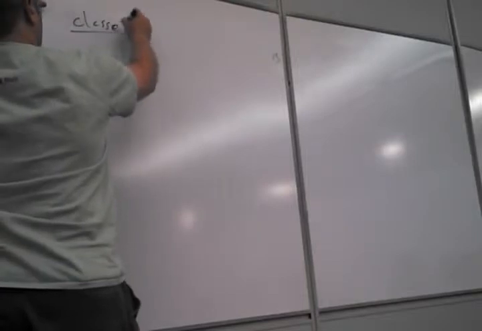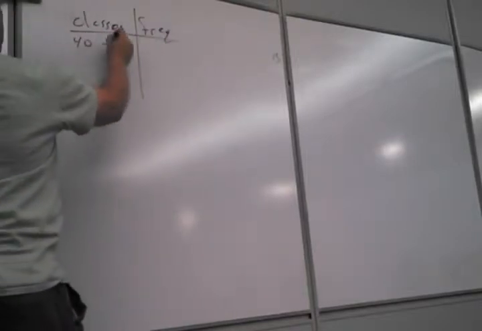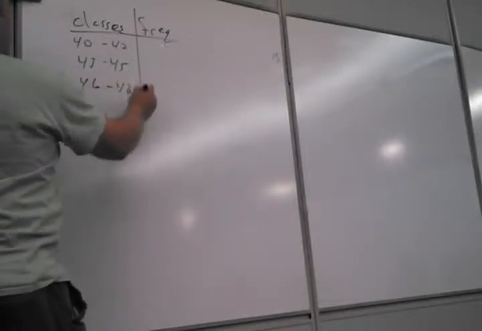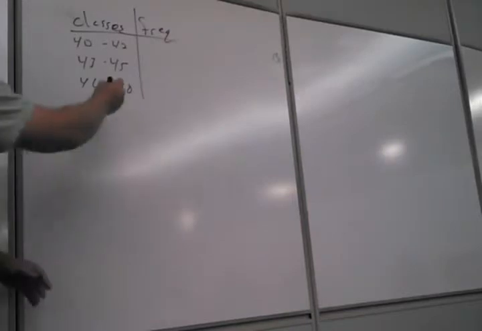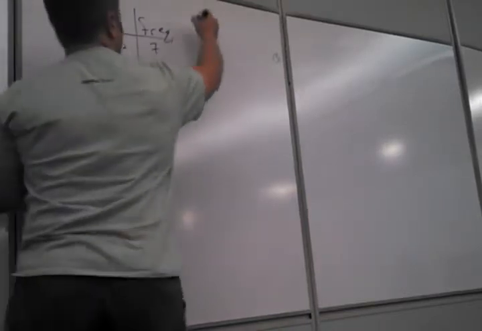Figure it out. Okay, it's cumulative frequency. If I make a frequency table, say I have a frequency table that looks like this here, 40 to 42, 43 to 45, 46 to 48, so forth. And I say I have 7 there, 11 there, 2 there.